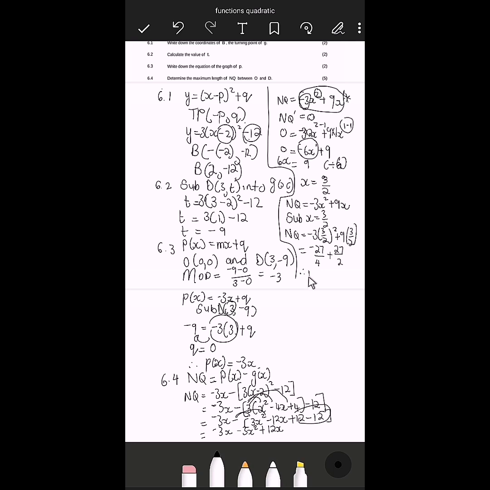That means NQ is equals to 27 over 4 units. So remember they asked for the length, meaning that you need to leave your answer in terms of units. I hope everything was clear.